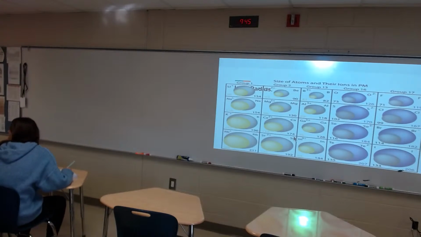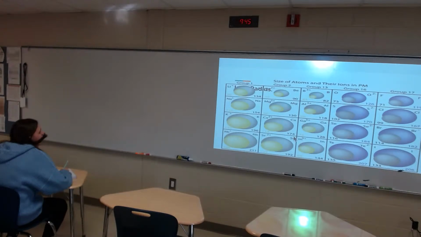The cations are smaller than the neutral atom. We can also see the periodic trend of how they get larger as you go down a group. Sodium is larger than lithium, potassium bigger than sodium, rubidium bigger than potassium, and so on.